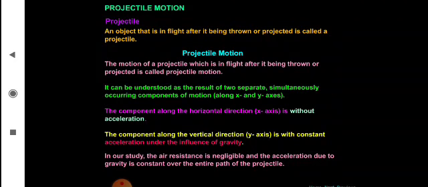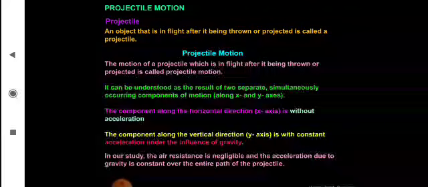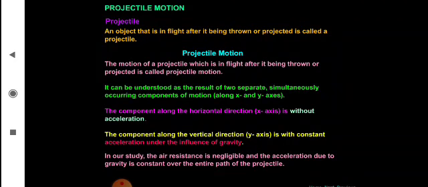The component along the horizontal direction, the x-axis, is without acceleration. The component along the vertical direction, that is the y-axis, is with acceleration under the influence of gravity. In our study, the air resistance is negligible and the acceleration due to gravity is constant over the entire path of the projectile.